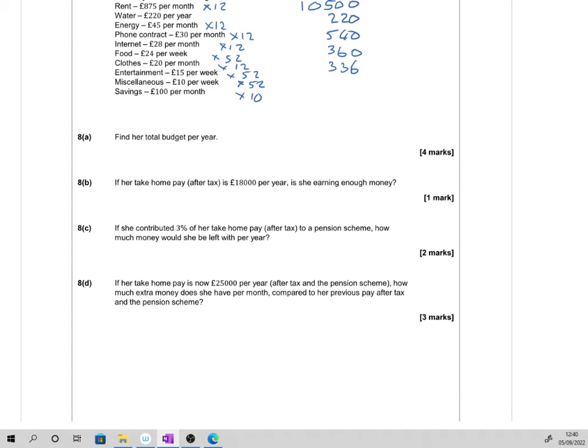The food, 24 times 52 is 1,248. Clothes, 20 times 12, 240. Entertainment, 15 times 52 is 780. Miscellaneous, that's 520. Savings, 100 times 12 is 1,200. Now I've got to add all that lot up.